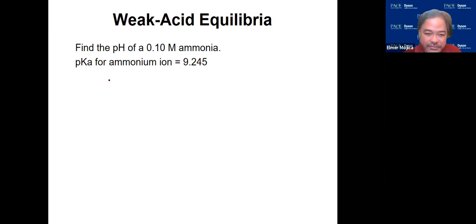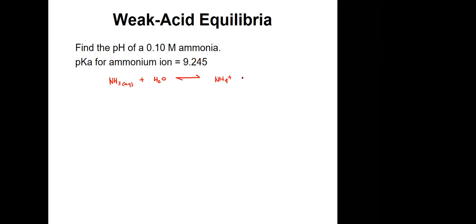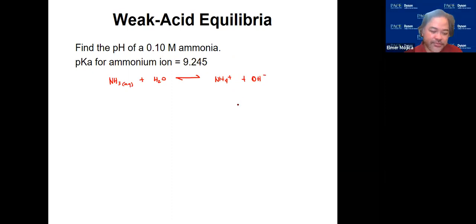If you write the equation for this, you have NH3 reacting with water, giving you what? Anyone? NH4 plus and hydroxide, OH minus. If you look at the ICE table, this is 0.1.